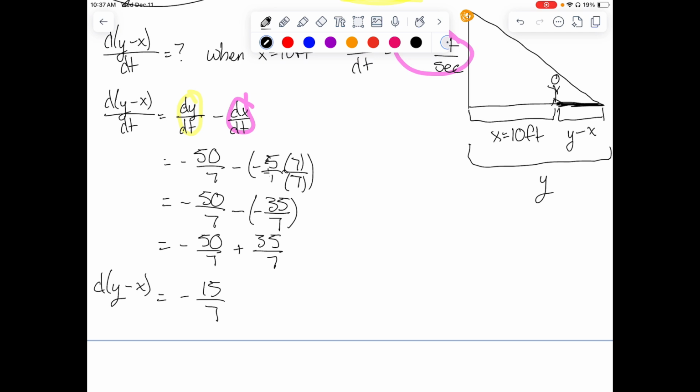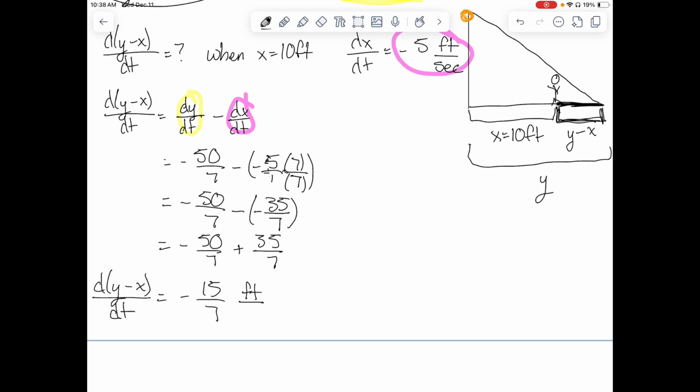But as we know, with pretty much everything in calculus, you need units. So how we're going to figure out our units is we're going to look at the top, and we know that the numerator measures distance, right? Because this y minus x is a distance, that's his shadow right here. So that's going to be measured in feet, because that is how distance is measured in this problem.